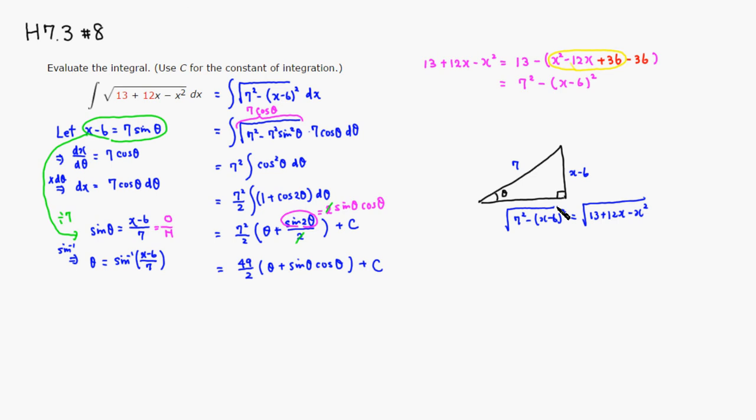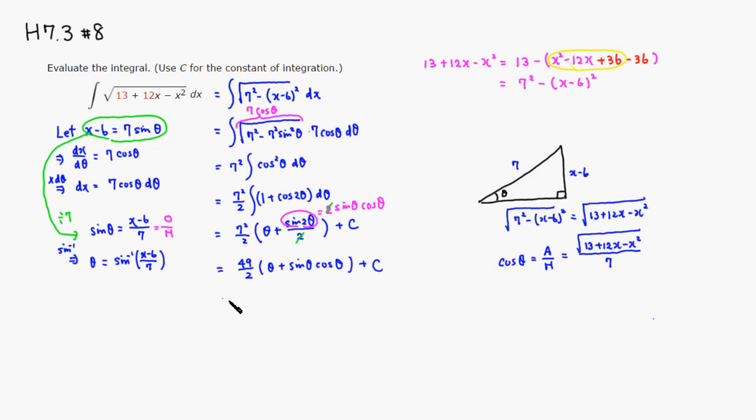So cosine of theta is adjacent over hypotenuse, so the square root of 13 plus 12x minus x squared over 7.